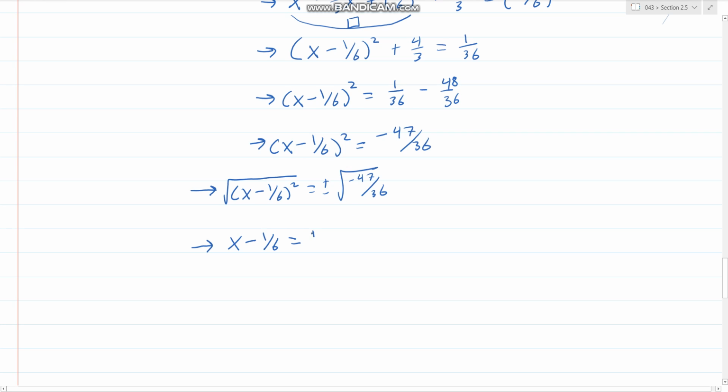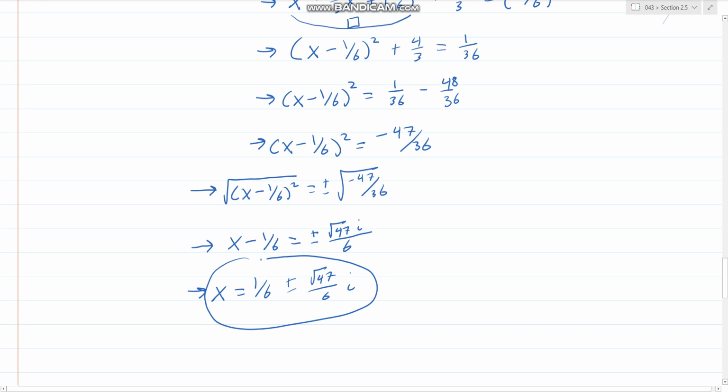But this will be plus or minus root 47 times i, over 6, because of the quotient rule of square roots. We can break that up as a 6. And so finally we have x equals 1/6 plus or minus root 47/6 i. Whew.